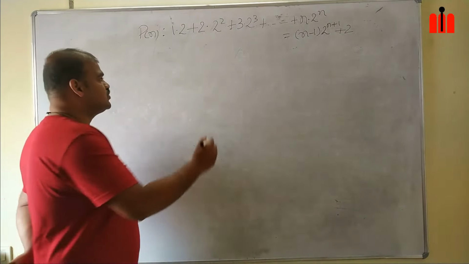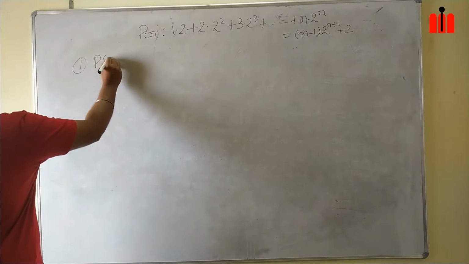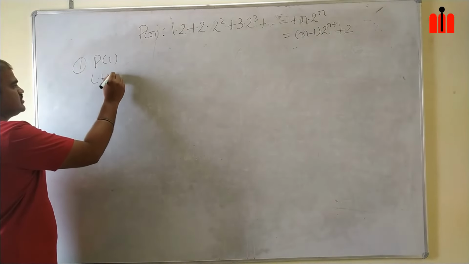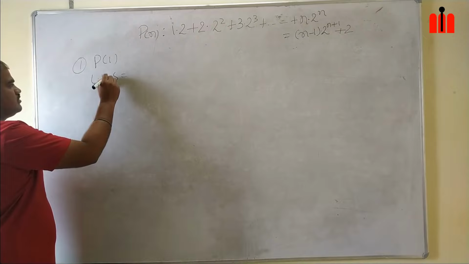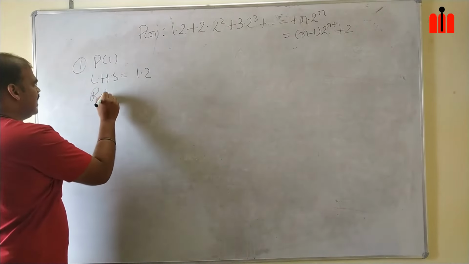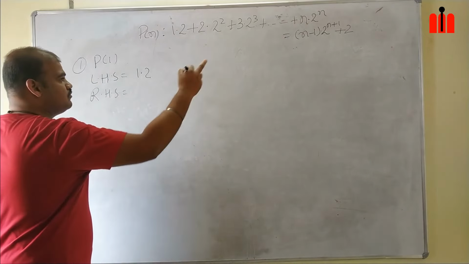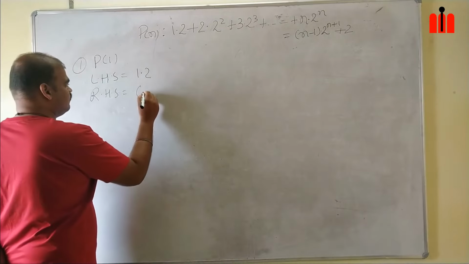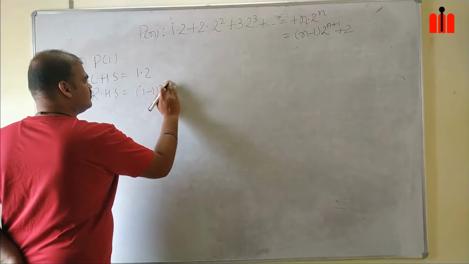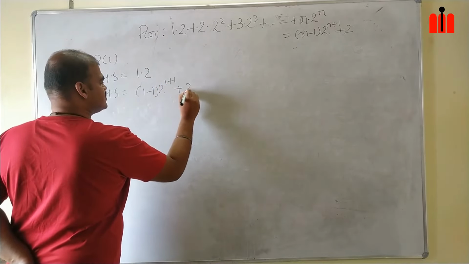Okay, so first let's go with our P1. For P1, what is my LHS? First term is 1 into 2. What will be my RHS? I have to put n is equal to 1 over there for my first term. So (1 minus 1) into 2 to the power of 1 plus 1, plus 2.